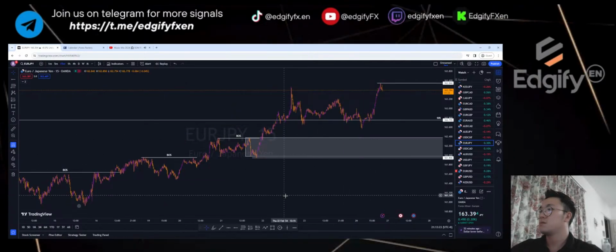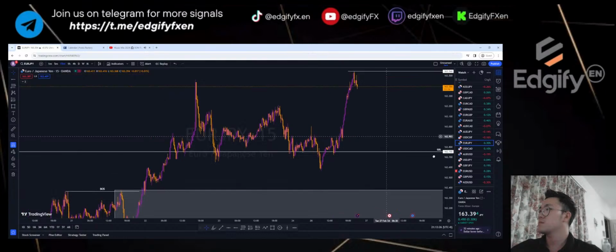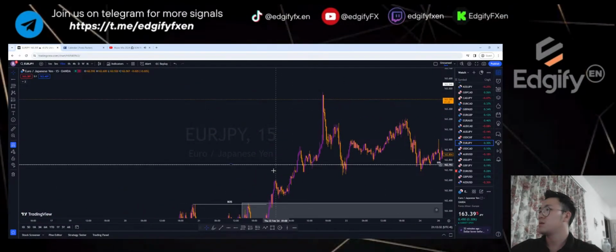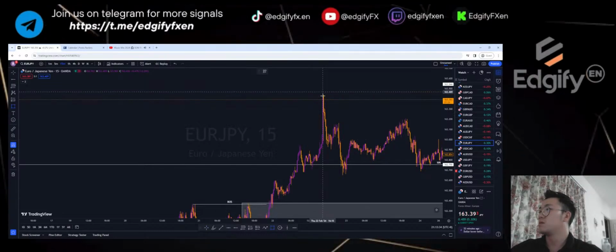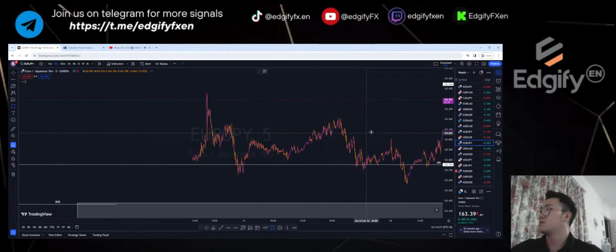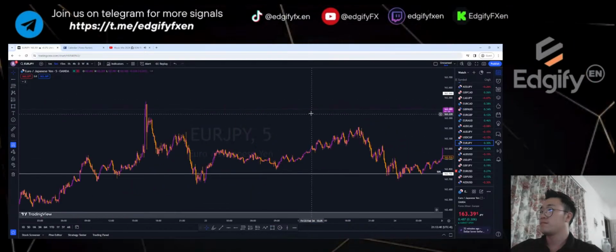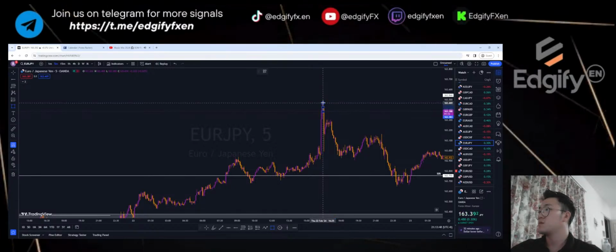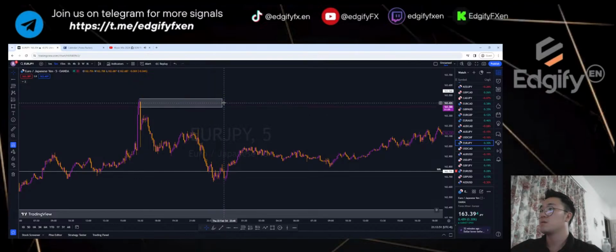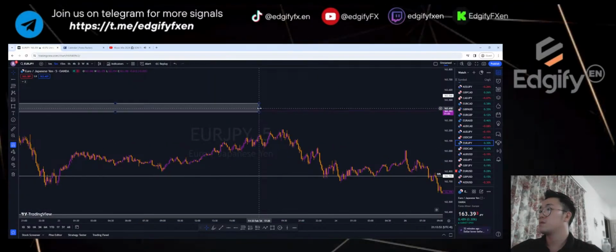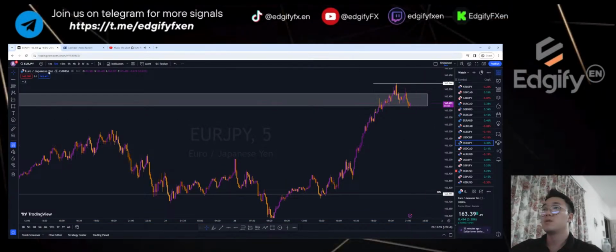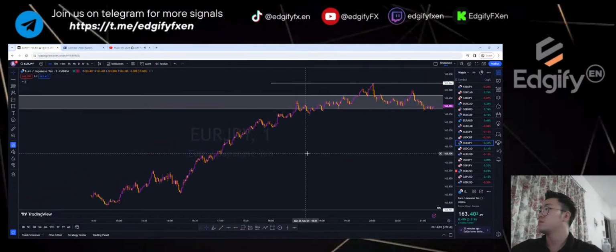Hold on. Because I can't mark the zone here as is, we have this very big candle here, so I'll hop on to the 5 minute, which then I have this. I'll hop on to the 1 minute.